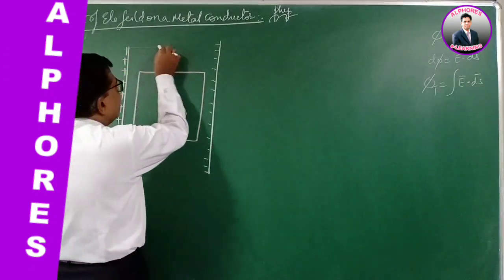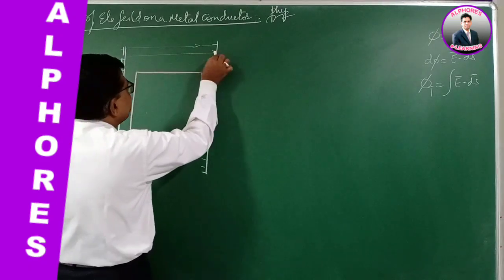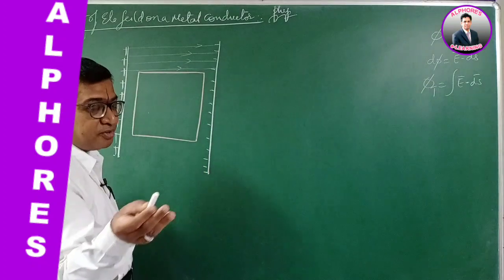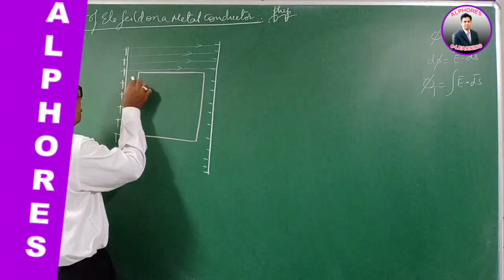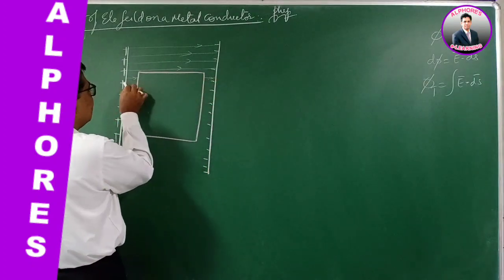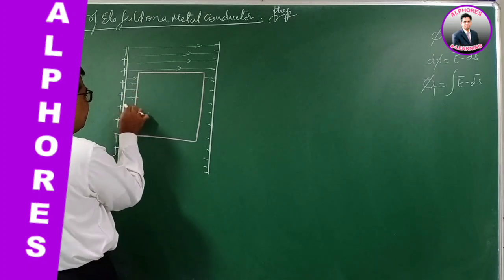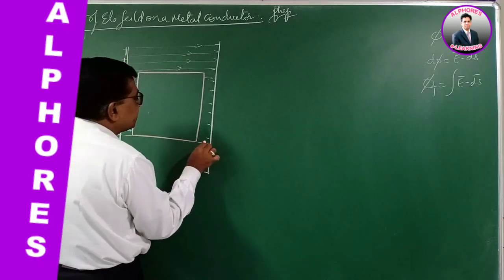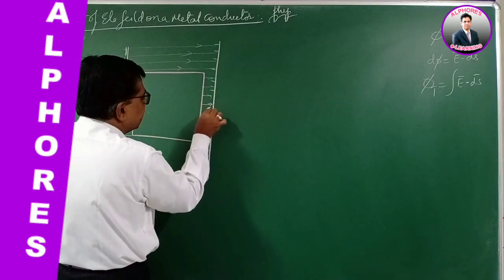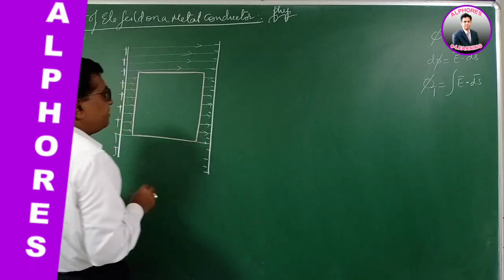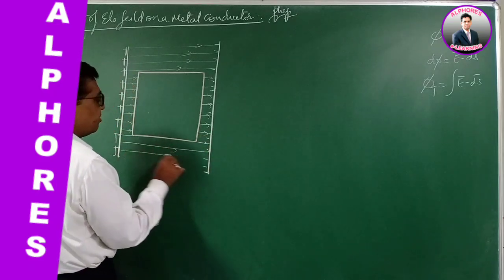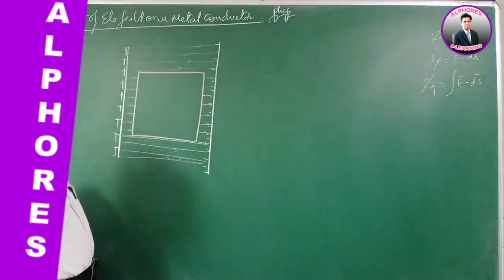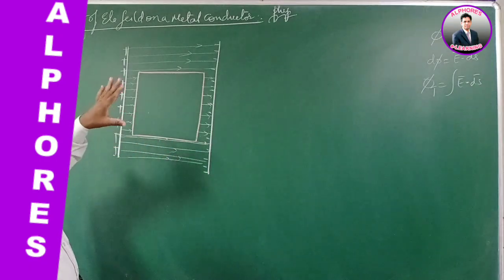Then the electric lines of force are parallel lines, and parallel lines produce a uniform electric field. That is, the electric field is constant at every point; the magnitude and direction of the electric field are the same at all points.